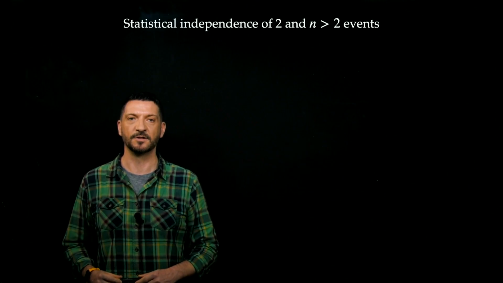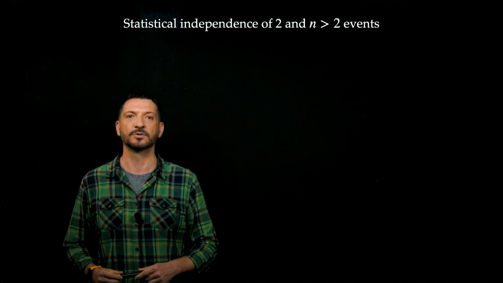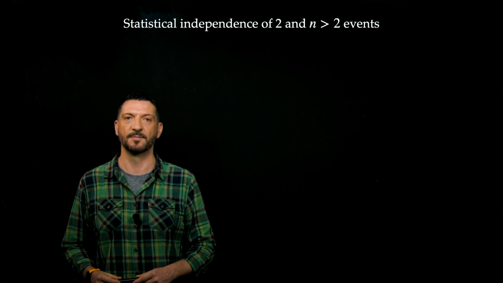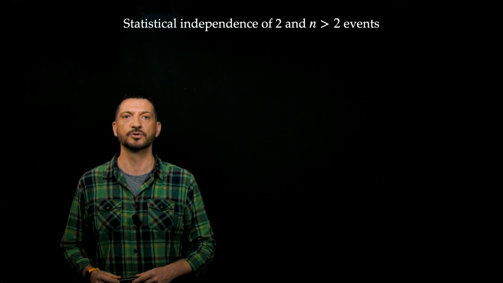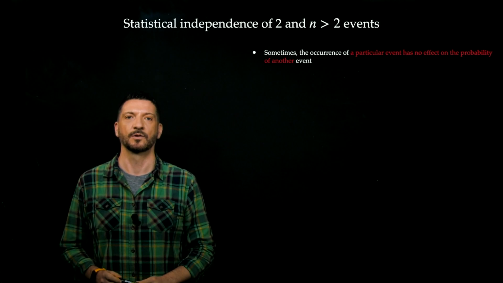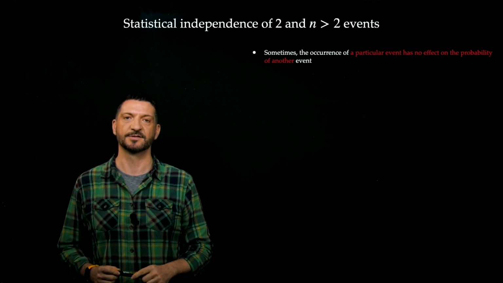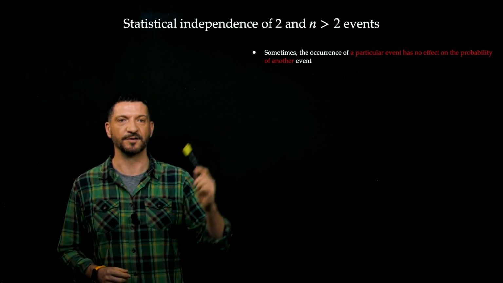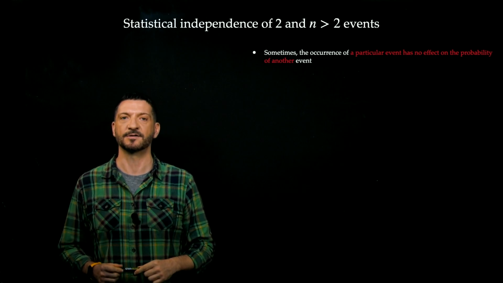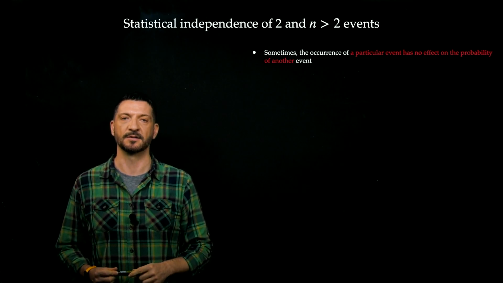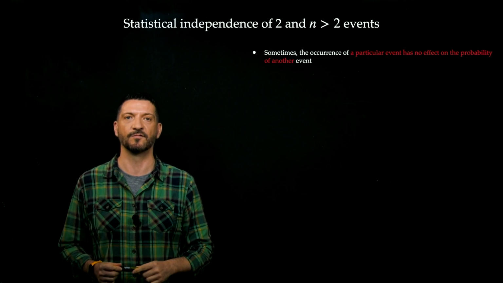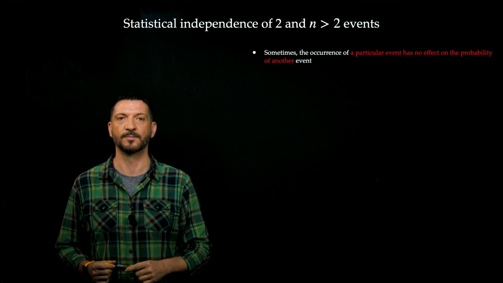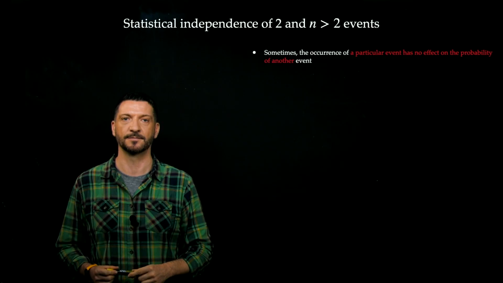In this short video, I want to underline the very important concept of statistical independence of 2 or more than 2 events. We start, of course, with the easiest scenario given by just 2 events. 2 events are said to be statistically independent if the occurrence of one event doesn't affect the probability of occurrence of the other.